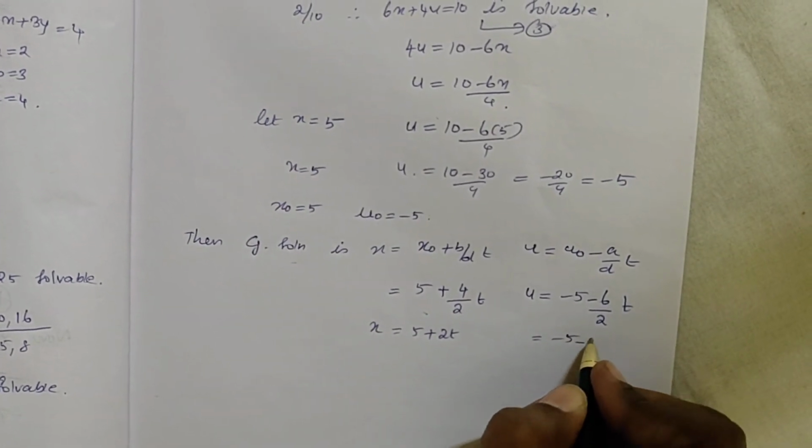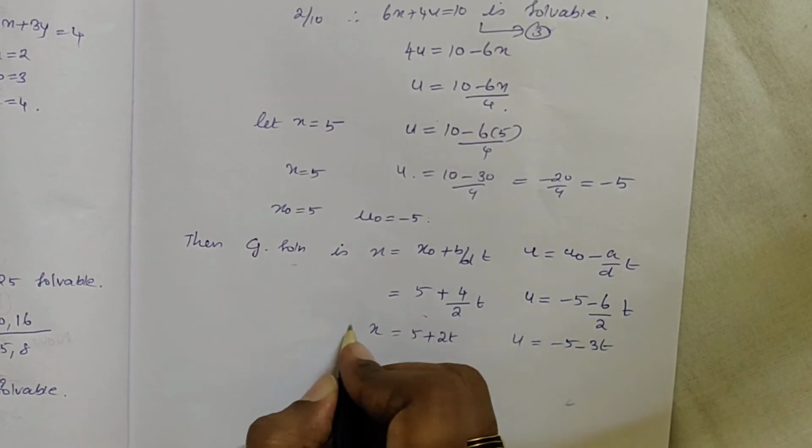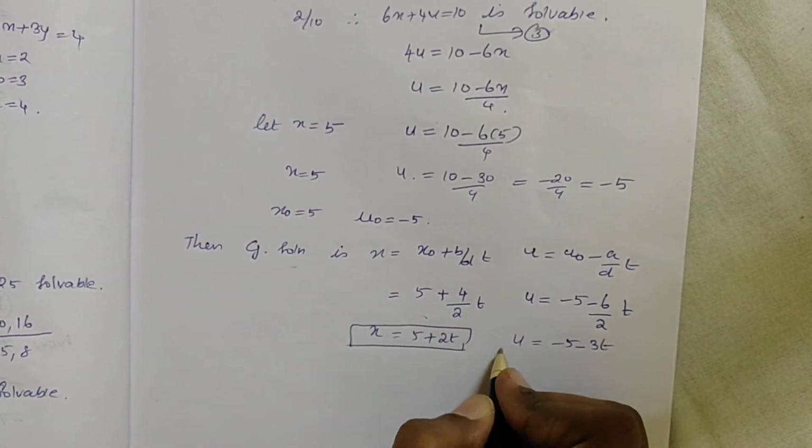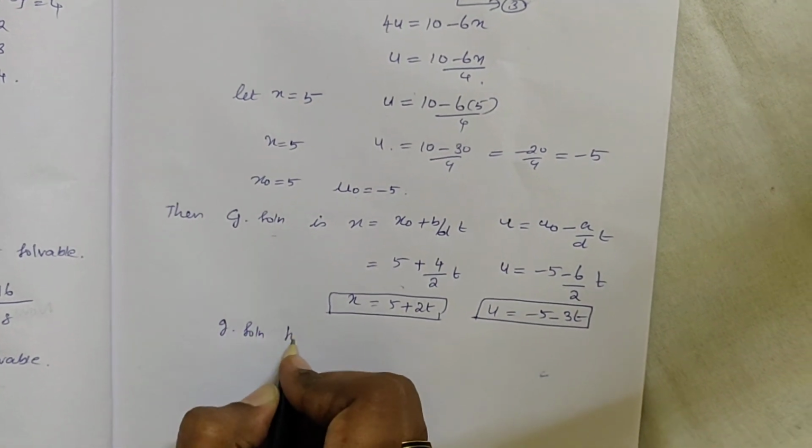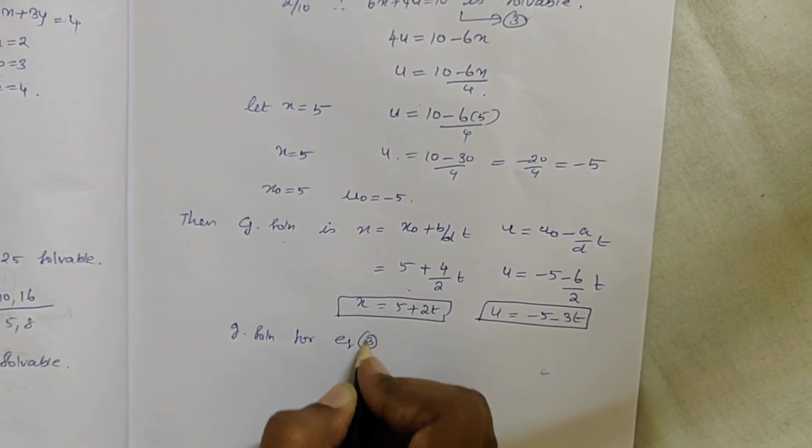Therefore minus 5 minus 3t. This is the general solution for equation number 3.